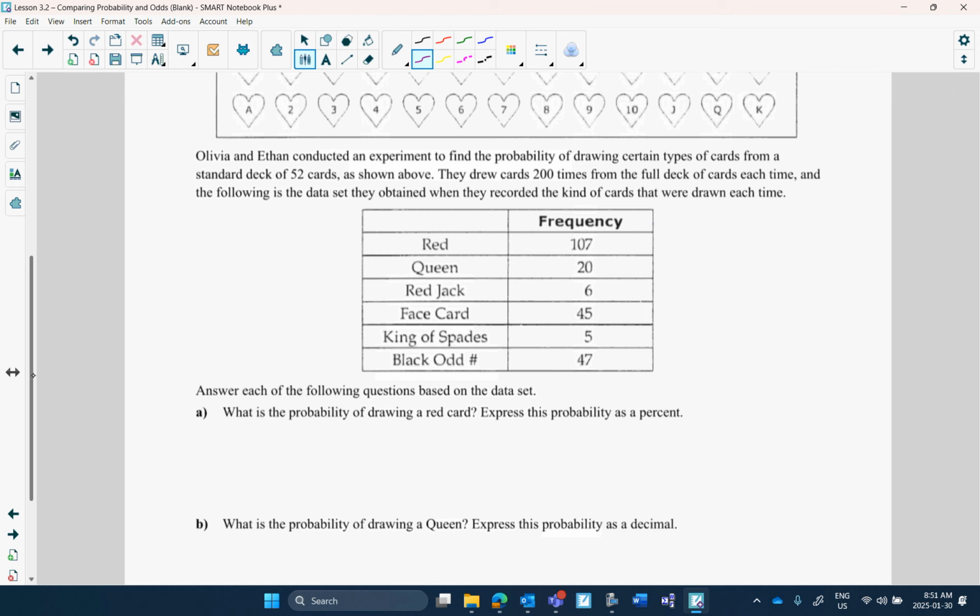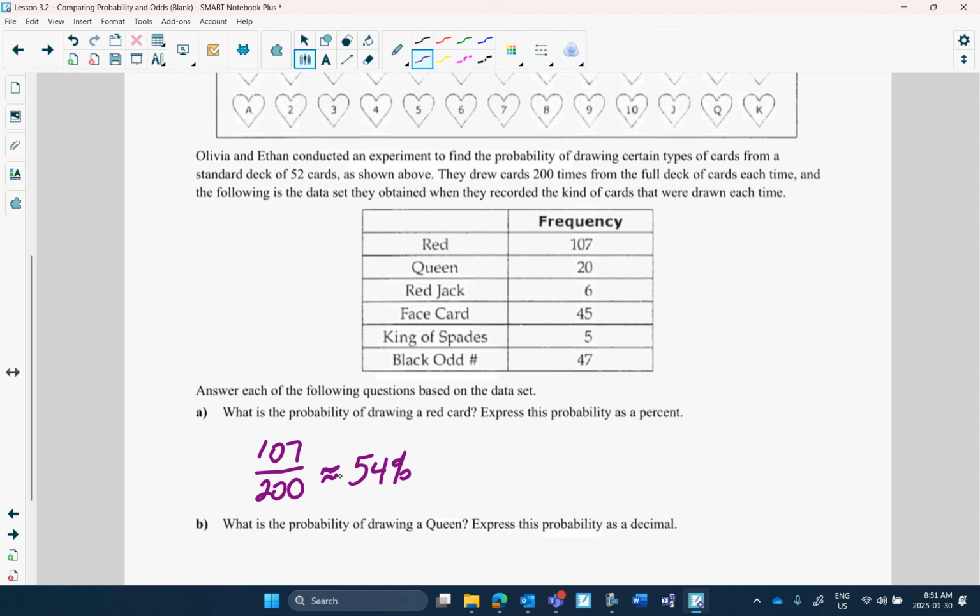Okay? So based on this, not theoretical probability, what's the probability of drawing a red card? Right, and then just make that into a percent. Yes, 54, rounded. Okay. What's the probability of drawing a queen?